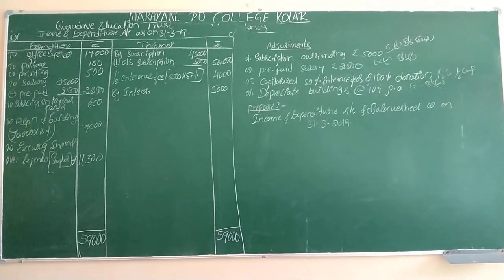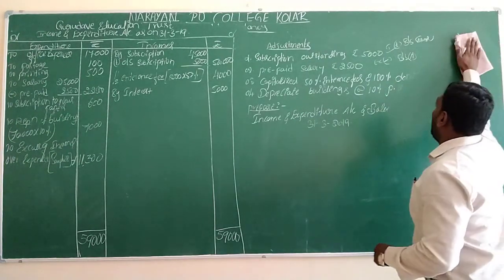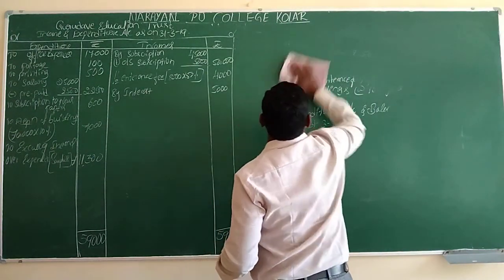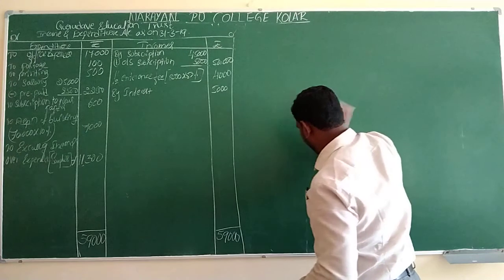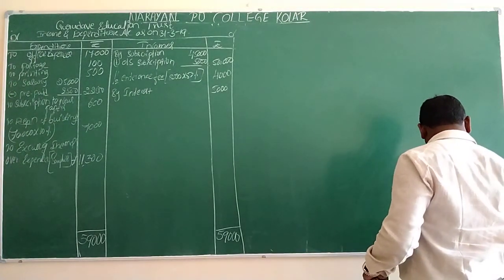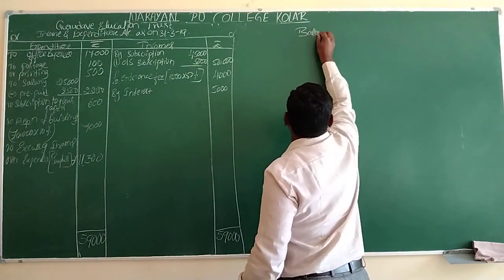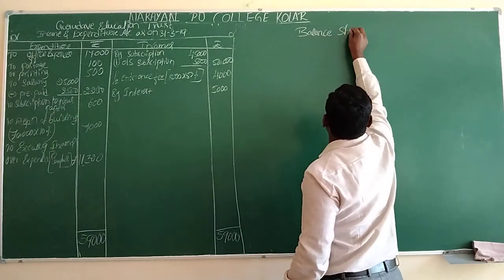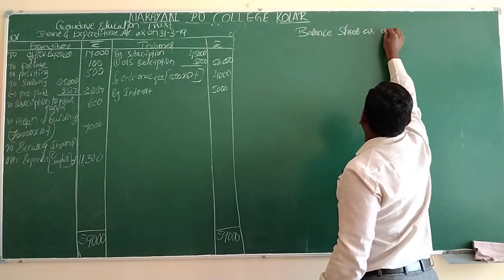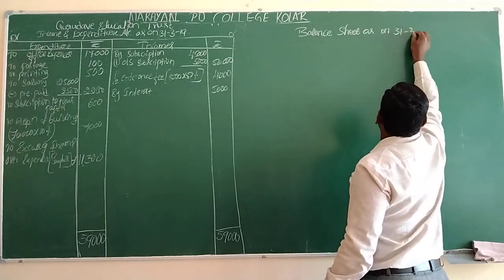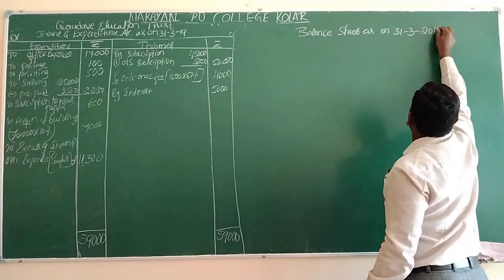Okay, my dear students, let's prepare the balance sheet of Gurudev Education Trust as on 31st March 2019. We have to draw the columns for the balance sheet. We will write the heading: balance sheet as on 31st March 2019.